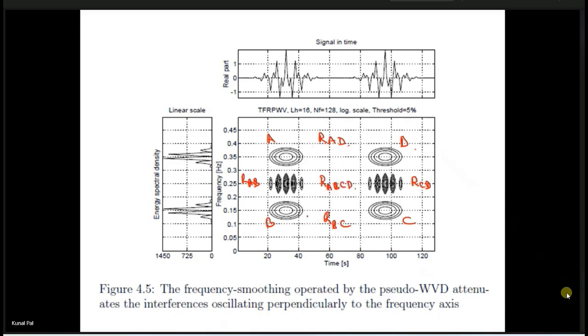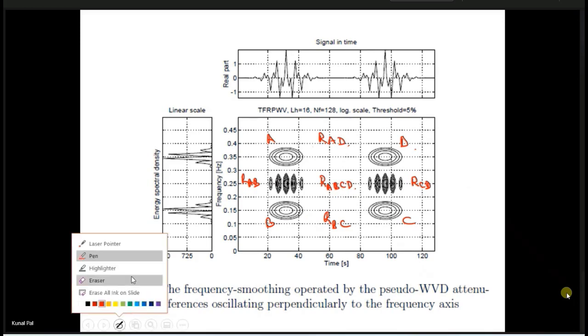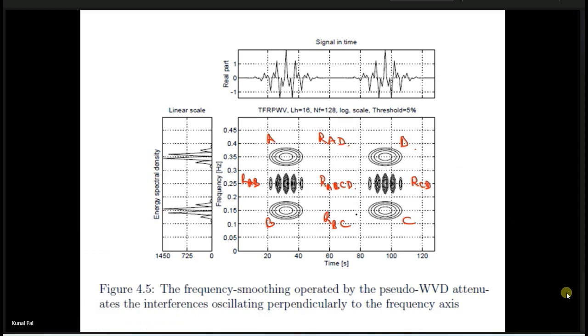Now when we applied this window, what is happening? Due to the application of this window, this R of BC, R of ABCD and R of AD have gone.